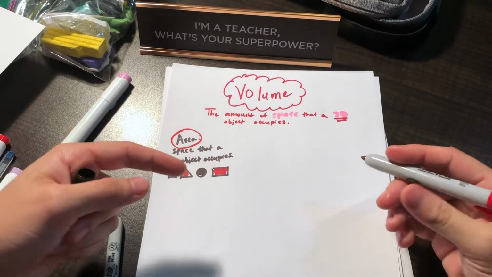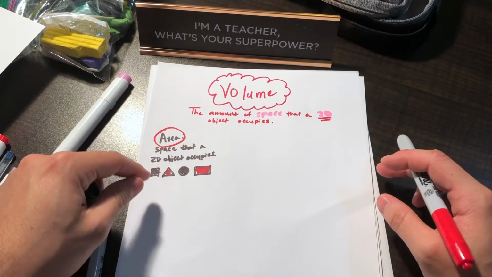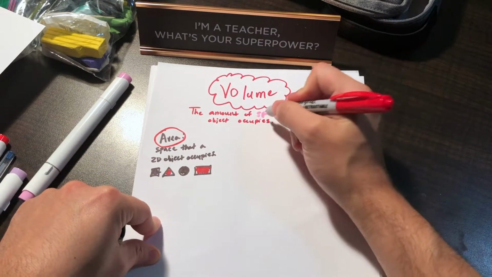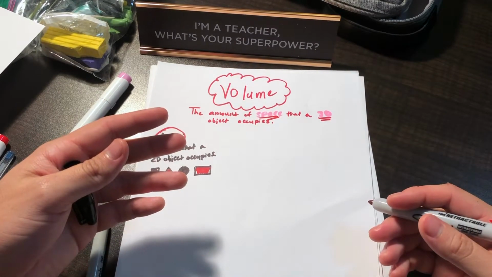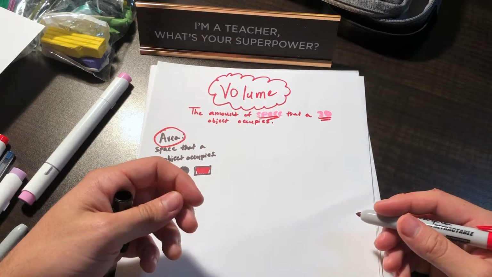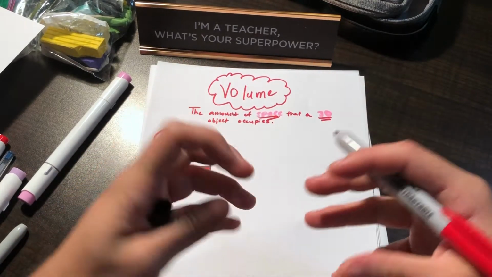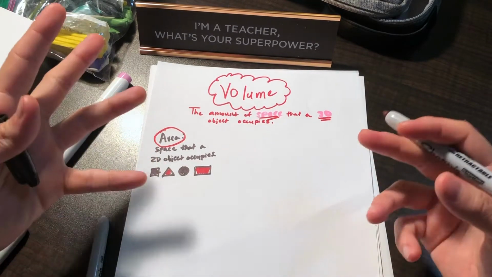But this week, instead of 2D shapes, we're moving on to the space that a 3D shape occupies. And I want you to think of the 3 dimensions as basically the 3 sides or the 3 numbers that we're gonna be working with when it comes to volume.